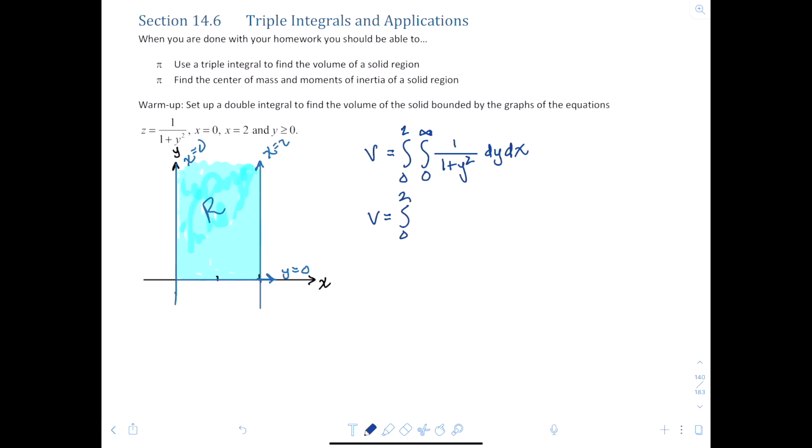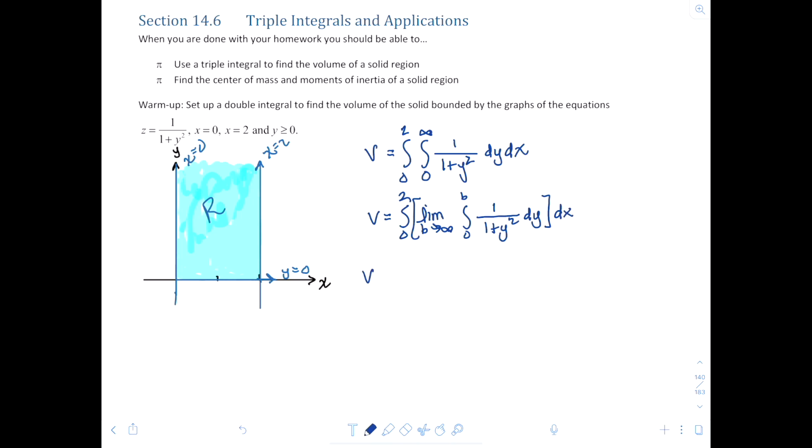Okay, so our volume will be the integral from 0 to 2. This is an arctangent result. I'm not sure if you remember, but we'll go ahead and show all the steps. So the limit as b approaches infinity of the integral from 0 to b of 1 over 1 plus y squared dy. So we're going to be focusing on this part here, then dx.